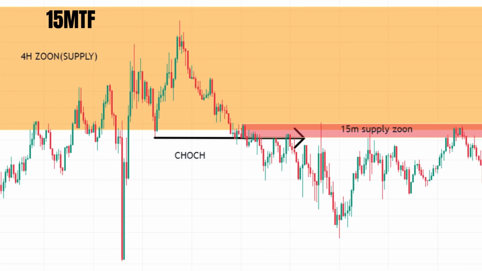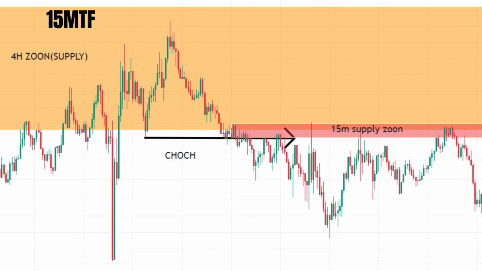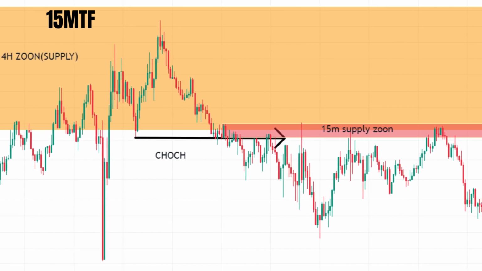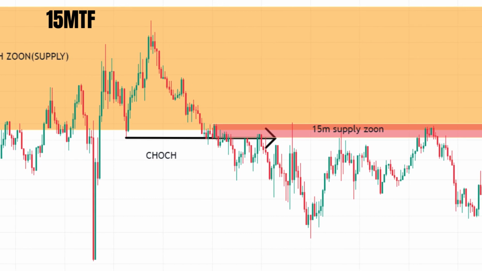After detecting confirmation for market structure shift in the 15-minute time frame, we apply our trading plan. We identify and highlight the supply zone generated by the change of character's bearish wave on the 15-minute time frame, then zoom into the 1-minute time frame and patiently wait for the price to tap into the identified 15-minute time frame supply zone to get reversed from it and create a new change of character on the 1-minute time frame.